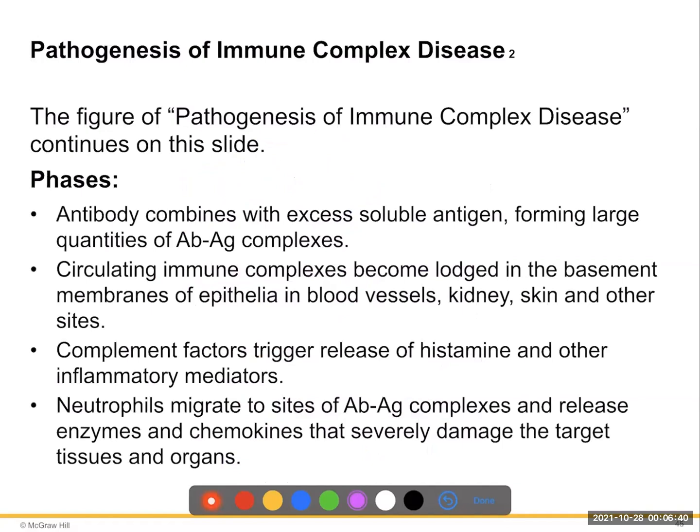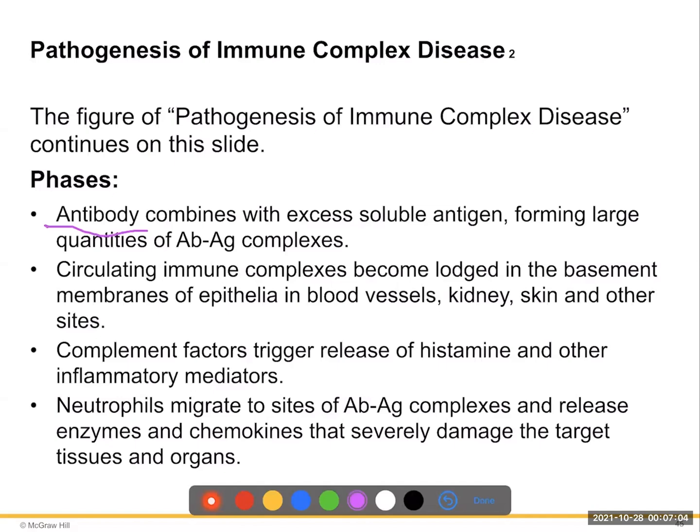There are different phases when you get this immune complex disease. The antibody here combines with excess soluble antigen, forming large quantities of the antibody antigen complex. So the circulating immune complex becomes lodged in the basement membranes of the epithelium, like I said, in blood vessels, kidney, skin, heart, joints.